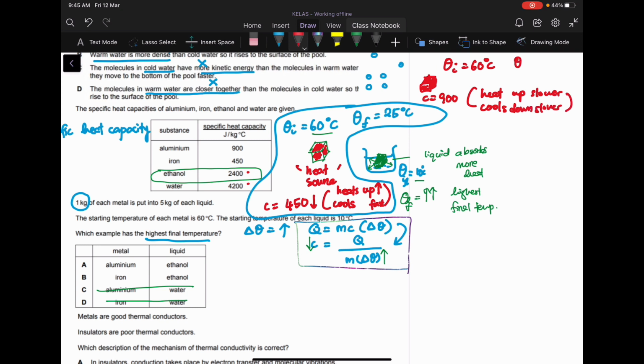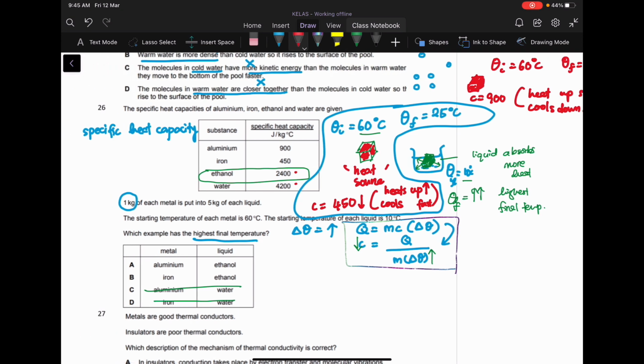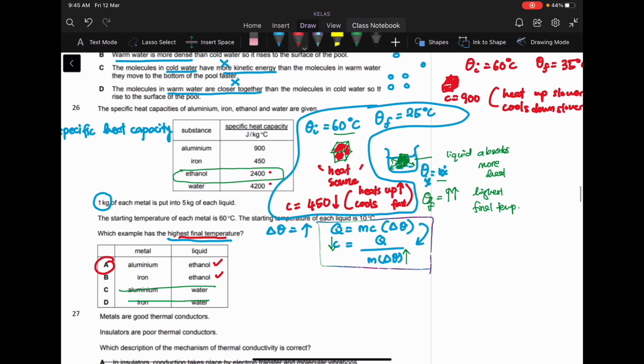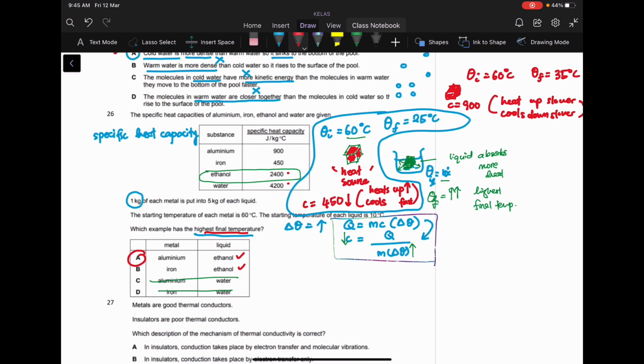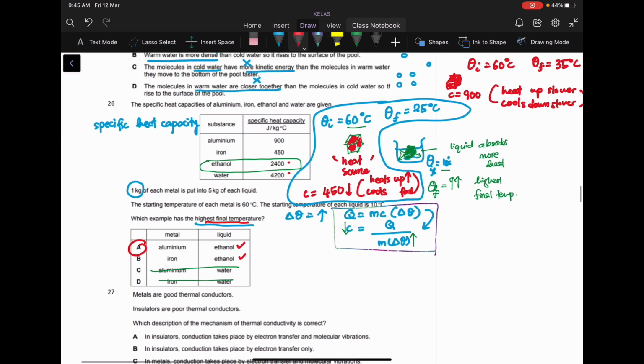Therefore, the final temperature is not as low as 25. Maybe you get 35 degrees Celsius. The question asks which example has the highest final temperature. So it's ethanol because it absorbs more. So the answer for metal must be aluminium, because it has higher specific heat capacity, and therefore the temperature drop is not as much as iron.